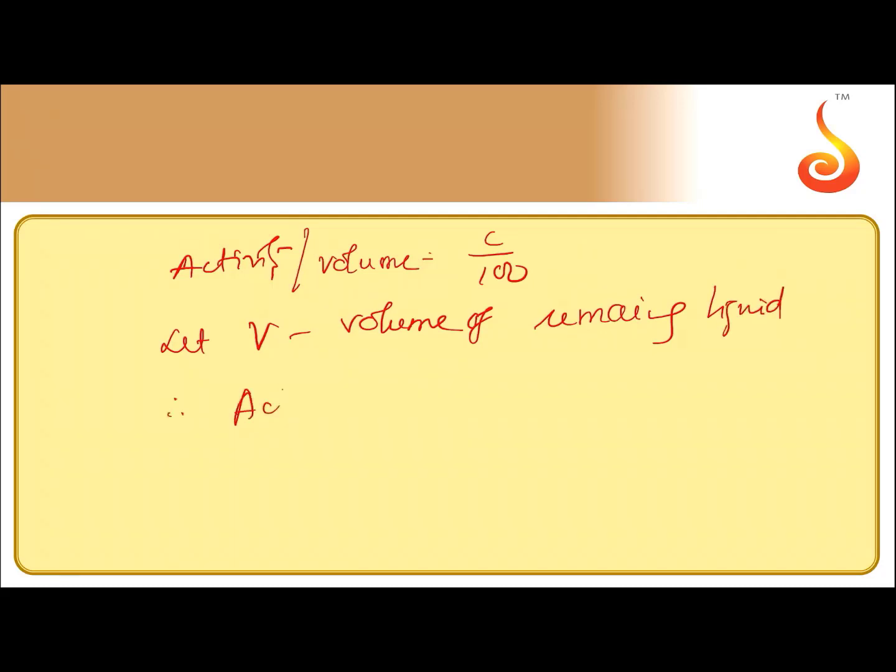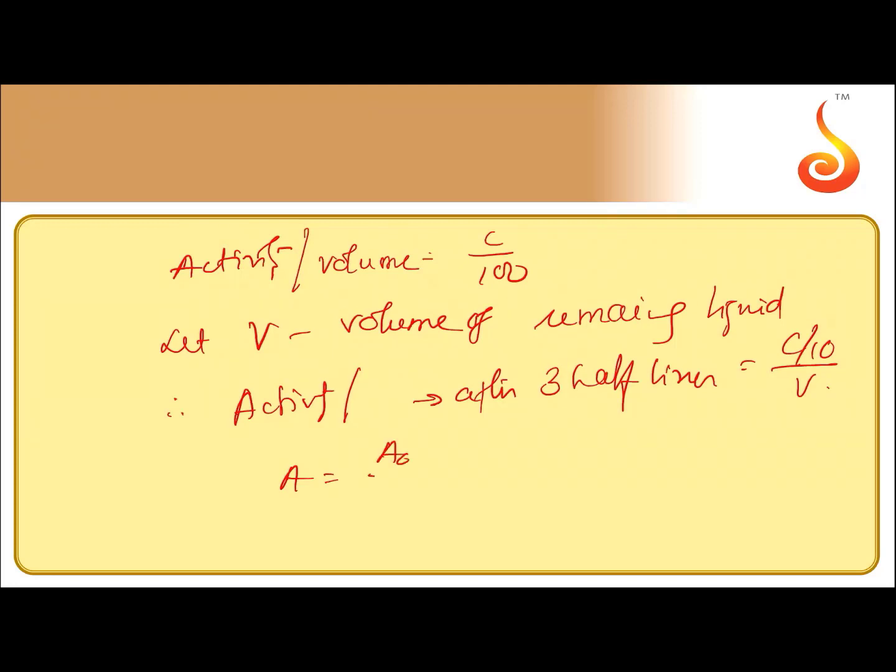Therefore, final activity after 3 half-lives is C by 10 divided by V. A is equal to A naught divided by 2 to the power of n. So let us plug in this data.